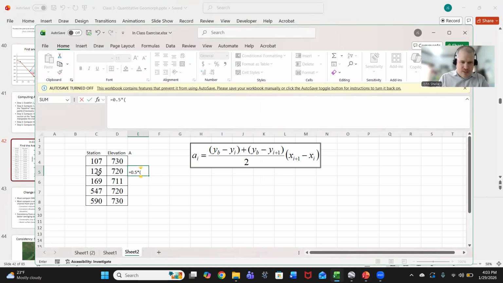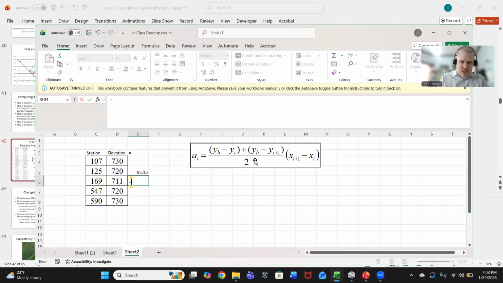So in this case, the base is this, times the height of the triangle, which will be the depth. Okay, so that is the cross-sectional area for that first little triangle.